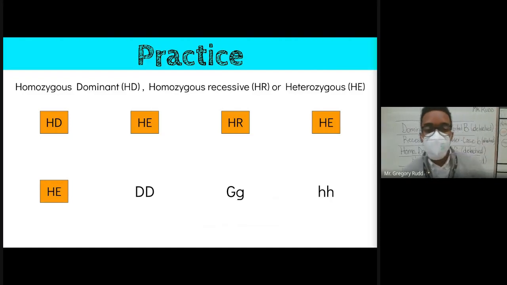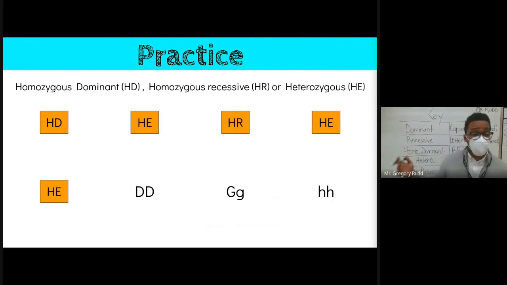Okay. So I want you to literally look at the letters for this next example. Are they the same or are they different? They're the same. Which prefix means same? Homo means same. Good. So we can rule out heterozygous now.